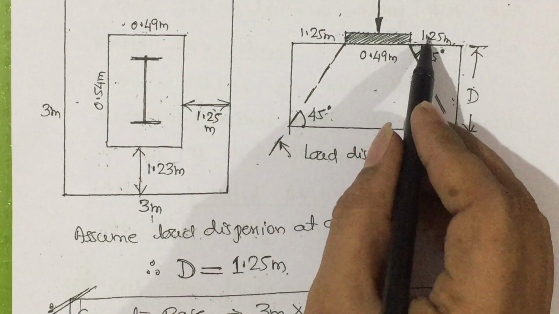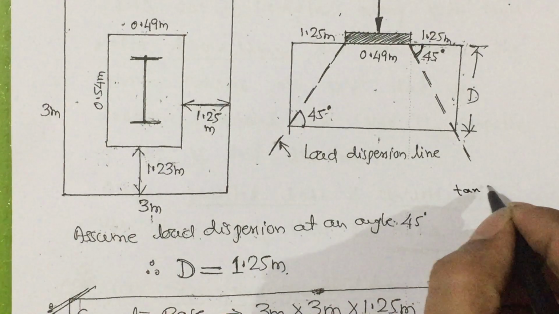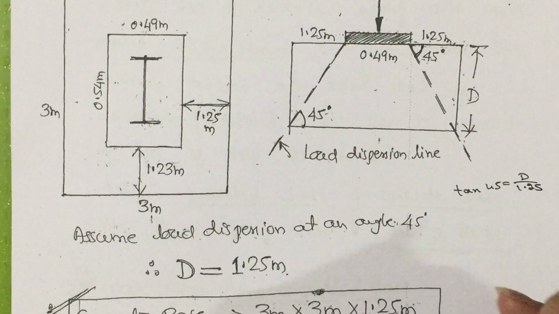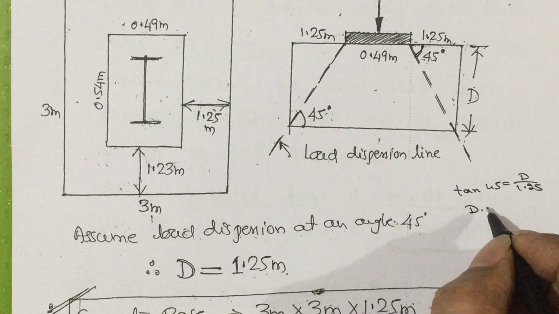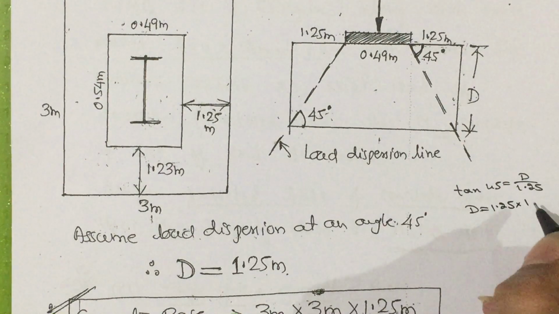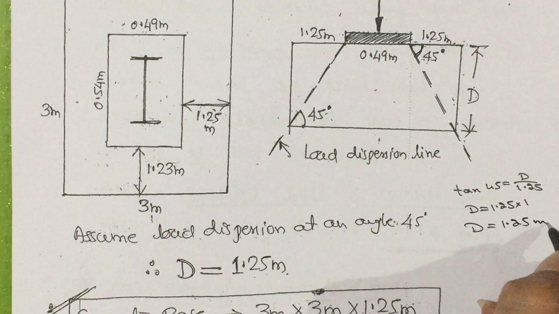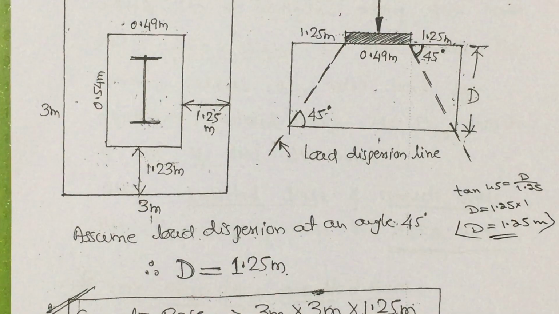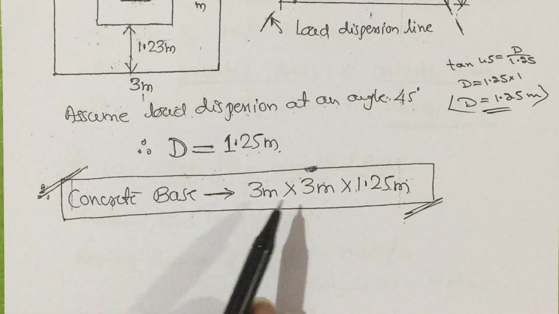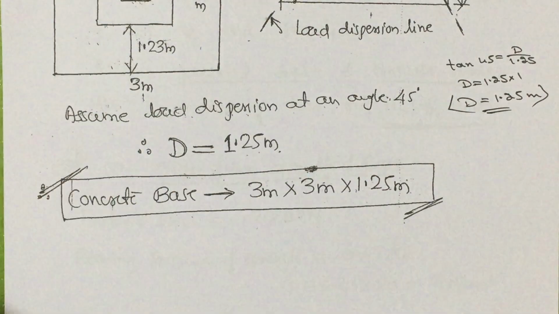Therefore, opposite side by adjacent side is tan theta. Therefore, tan 45 is equal to D divided by 1.25, or D is equal to 1.25 into tan 45. Tan 45 is 1. Therefore, you are going to get D is equal to 1.25 meters. Understood? So, depth D is what we got. Therefore, the concrete base is 3 meter by 3 meter by 1.25 meter.